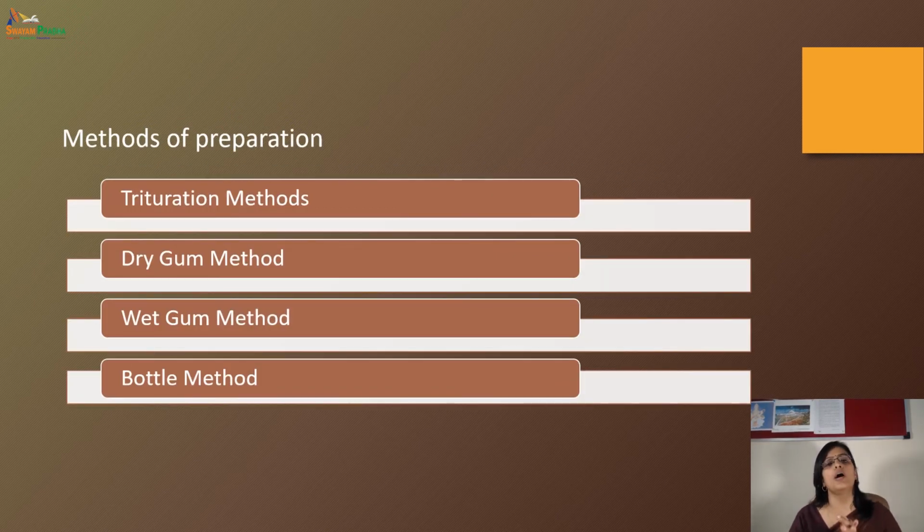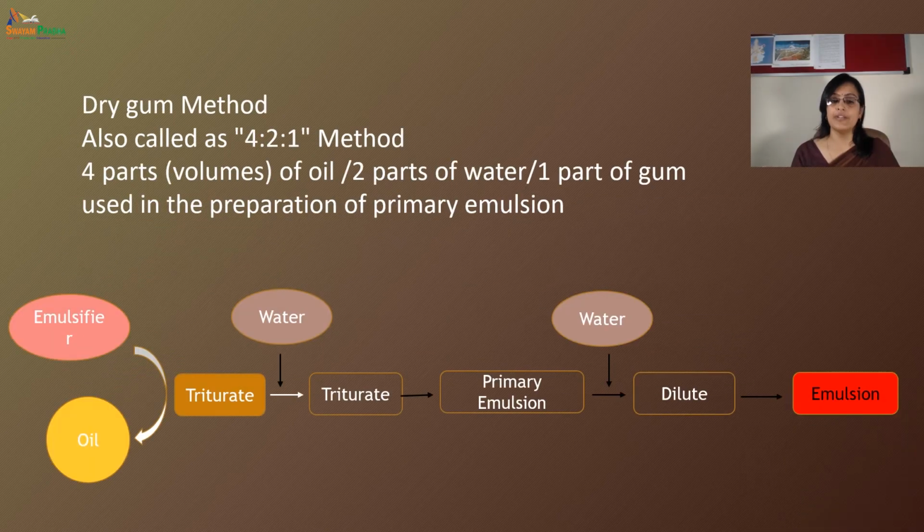Now, dear students, moving to the methods of preparation of emulsions: trituration method, dry gum method, wet gum method and bottle method. So these methods are popular. Now we will see the dry gum method. Dry gum method is also called the 4:2:1 method.